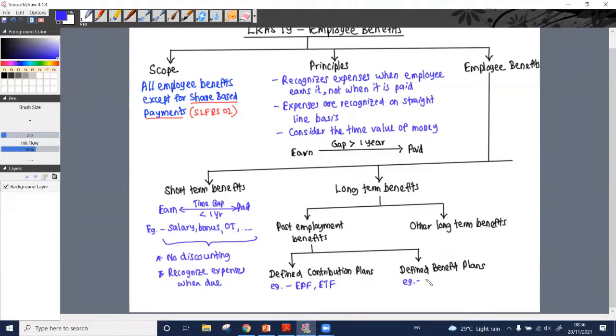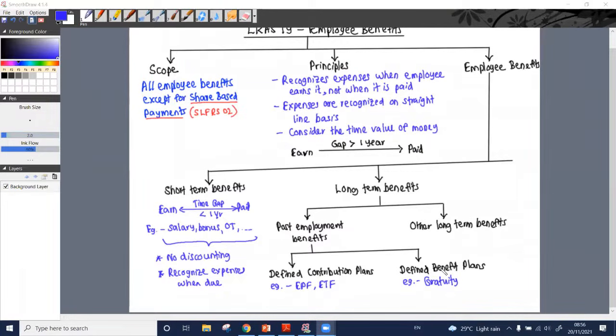That is gratuity. Gratuity is an example for defined benefit plans.